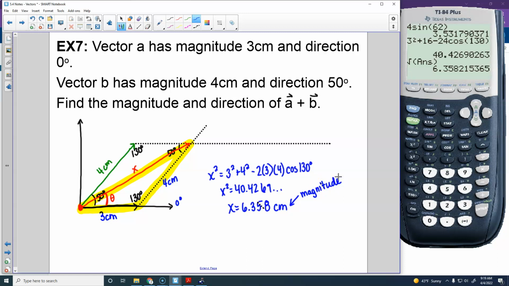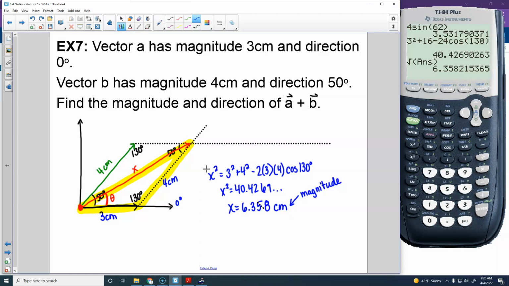Of the triangle. Now we need to also find the direction of that resultant vector. So any ideas? What can we do to set up to find the angle? We now have all of the sides, right? And we know one of these angles. So if you have all of the sides and at least one angle, you can use law of sines at this point.